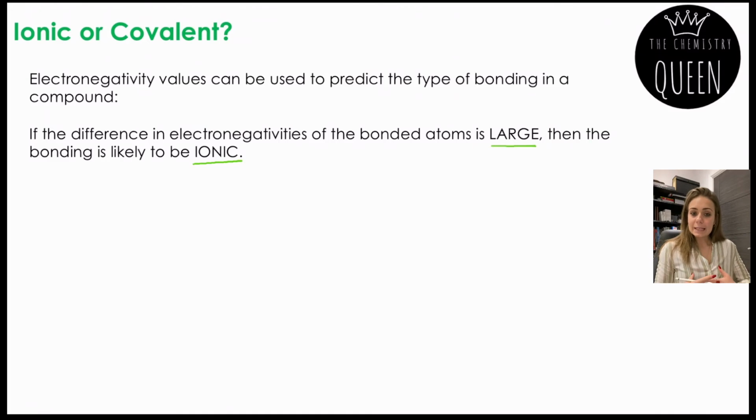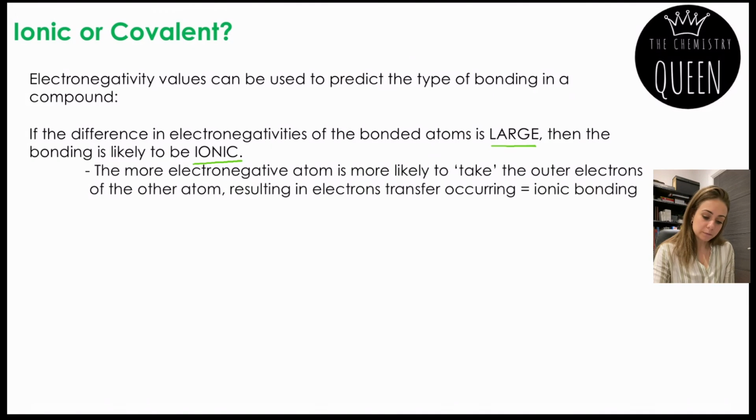The atoms are less likely to share because there's such a big difference in electronegativity. The atom that's more electronegative will take the outer shell electrons of the other atom. So we know that in ionic bonding, the ions are formed by the transfer of electrons. The more electronegative atom is likely to take the outer electrons from the other atom, resulting in electron transfer, which is ionic bonding.